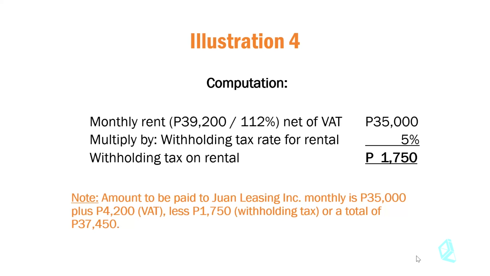Okay? So the same is true. If you are a lessor, you have to be clear. You have to request your lessees to give you this Form 2307, because you could use the amounts written there, which your lessees should have paid to the BIR, to reduce your income tax payments.